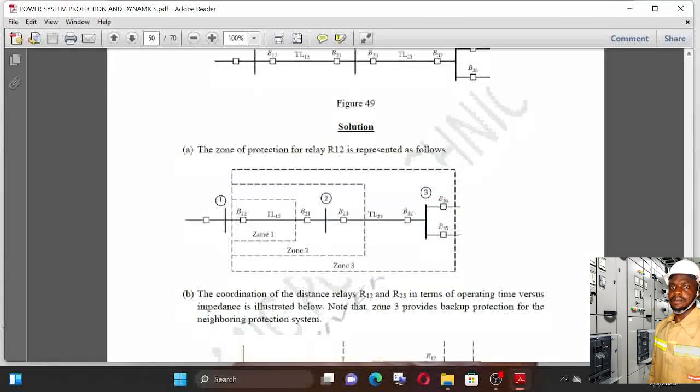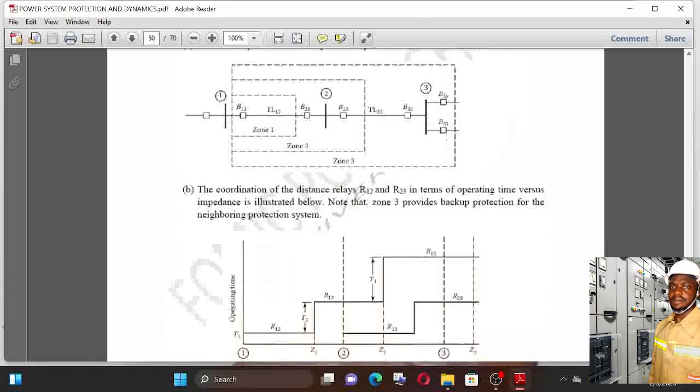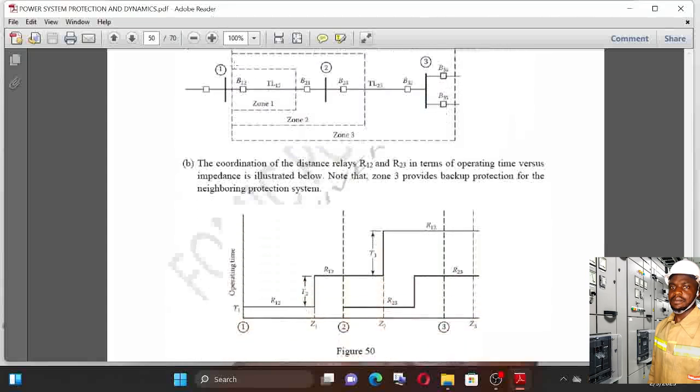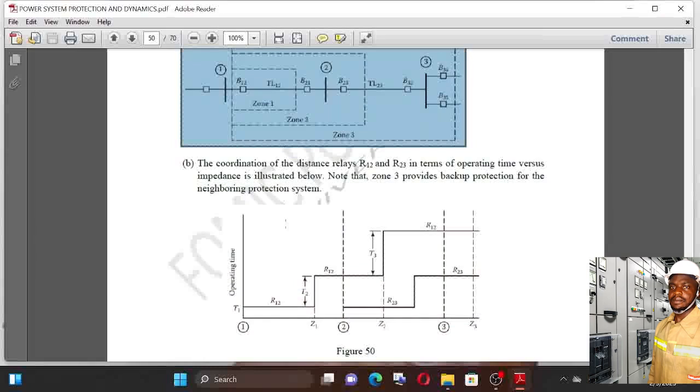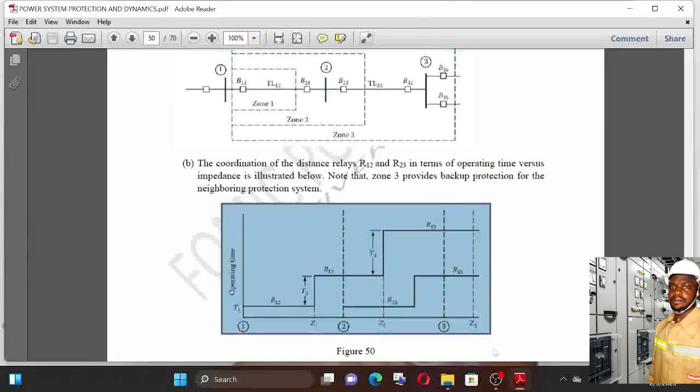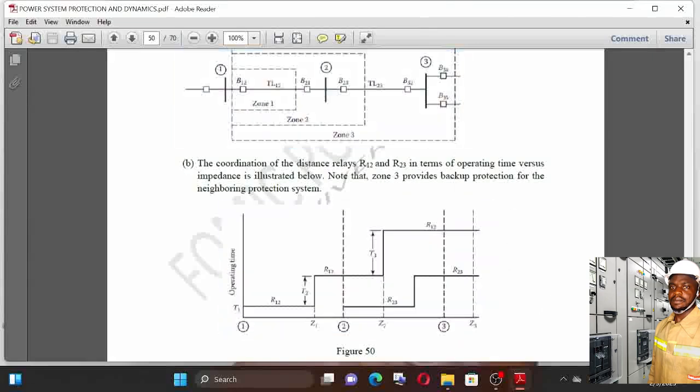Then the coordination time, as I told you, if there's a fault here in zone 1, it should react as instantaneous time or definite instantaneous time or whatsoever. But for zone 2, it must be a time delay, that is T1 plus coordination time, which gives us T2. For T3, it will be T2 plus the coordination time. So you can illustrate that in the figure as this figure is illustrated, right?